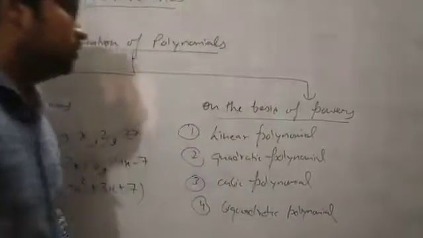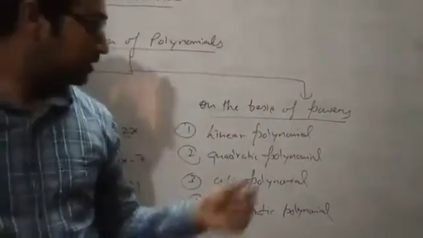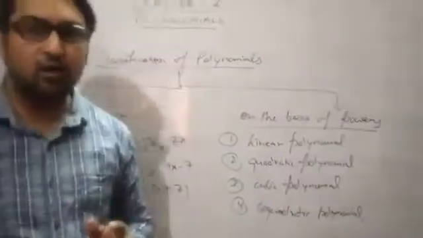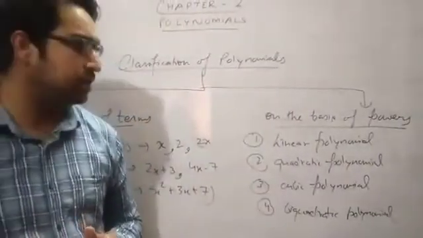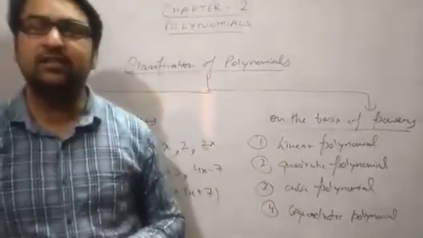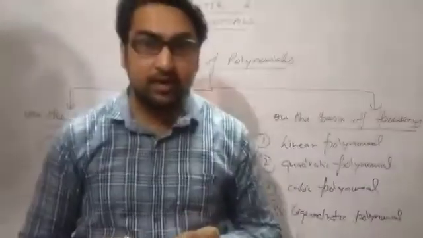Okay, what are these polynomials? Number 1, linear polynomial. Those polynomials which are of the form ax plus b are called linear polynomials. Means the polynomials in which the power of the variable is 1 are called linear polynomials.